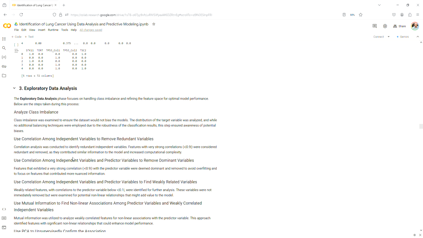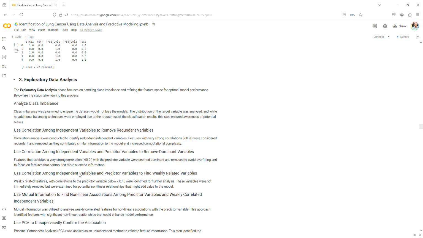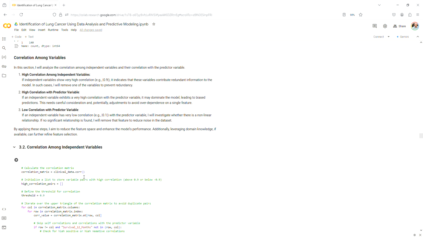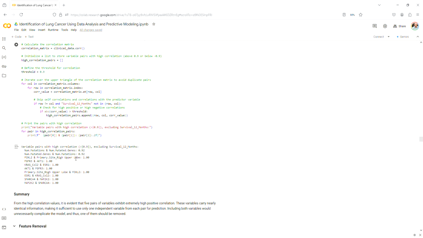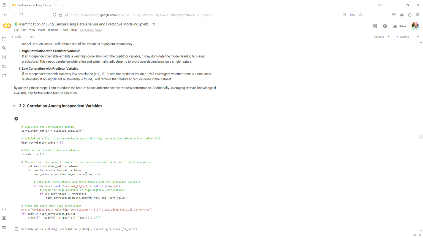Then I don't need both variables. I just need one variable because they are representing the same thing. So when I found variables with very strong correlation, I removed one.